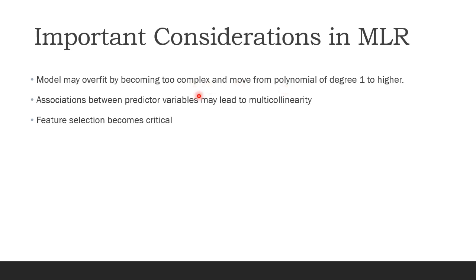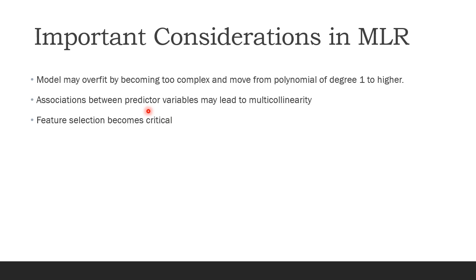The more complex we make this model, the more the model will overfit. Overfit would mean we have a certain set of data points, and this model will try to adjust itself to those data points, and it may not give the ideal model to predict values from data points which are outside the observed values.